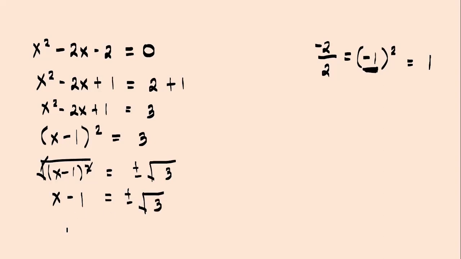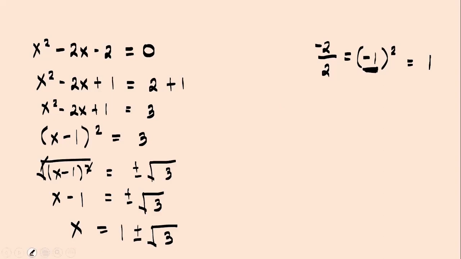So x lang yung kailangan natin, okay? And that is x is equal to, from negative 1, it will become positive 1, then plus or minus the square root of 3.